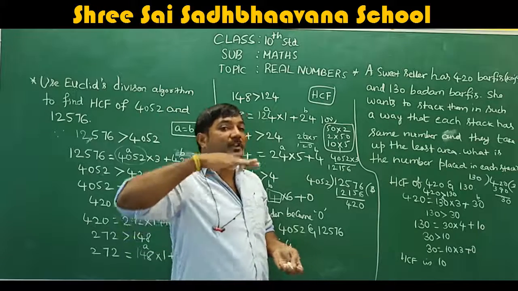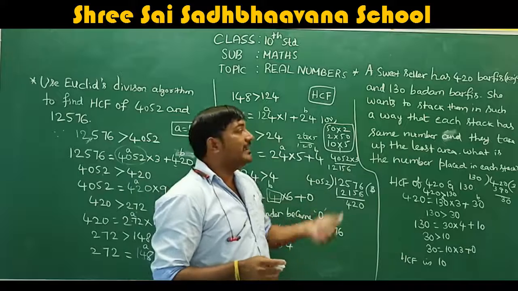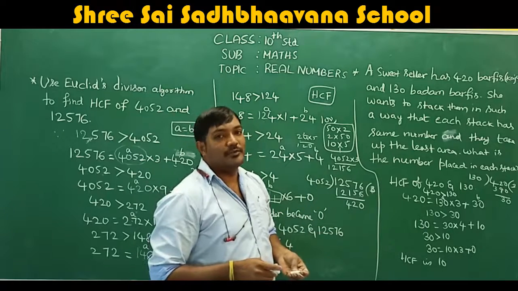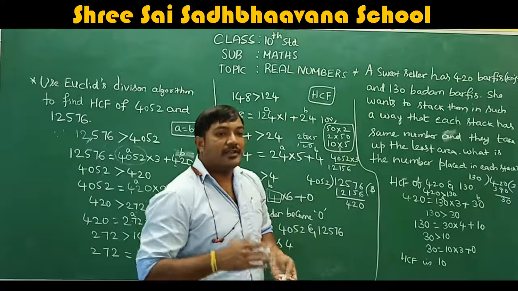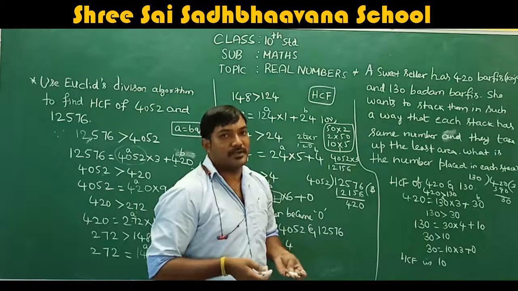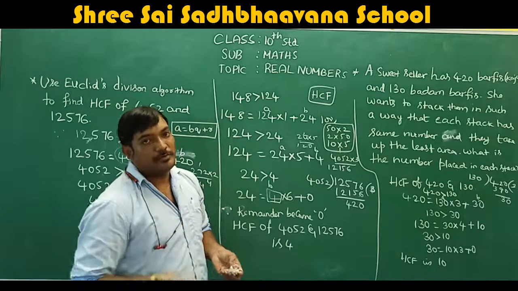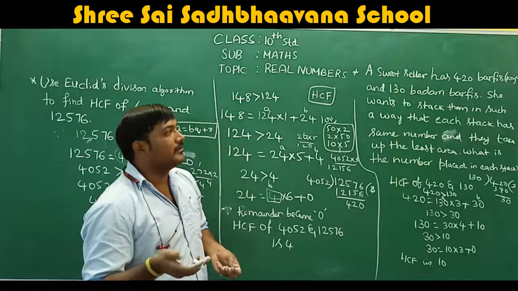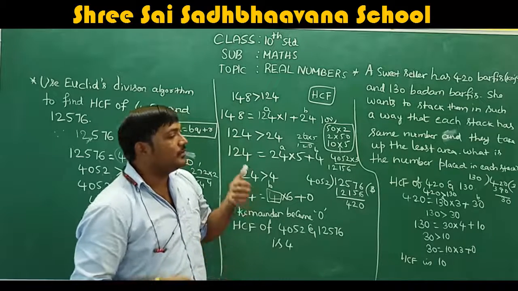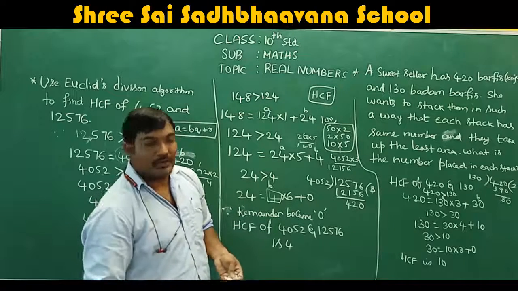If you accommodate these burpees in 10 stacks, the area he is going to use will be reduced, and economically it will also help you. As I told you, we cannot rent one more storeroom to place another 420 burpees or 130 burpees. So HCF will give you the solution for this because it is the common factor for both the numbers.